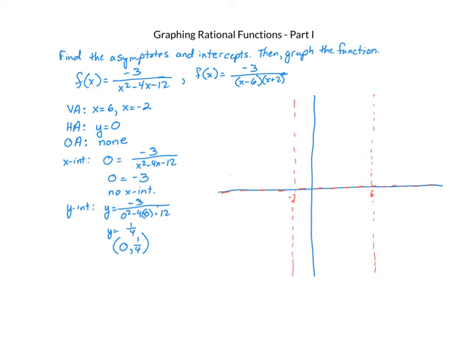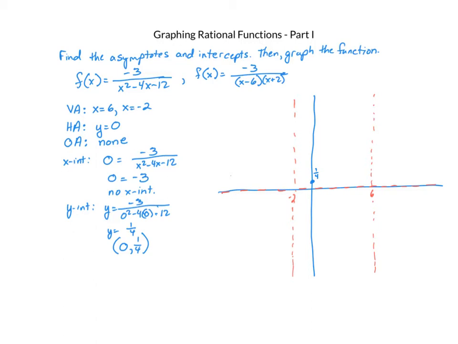Let's put our intercepts on. We don't have an x-intercept, and that's actually helpful because we know that the graph will neither cross nor touch that x-axis. But we do have a y-intercept of 1/4, so let's put that on, right here at 1/4. And here we go.